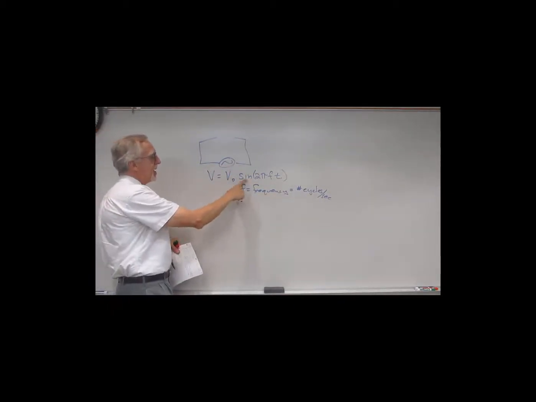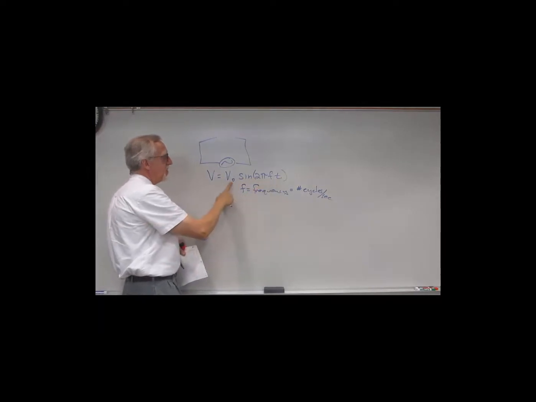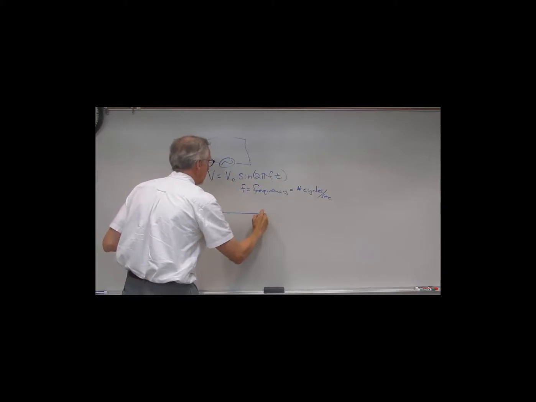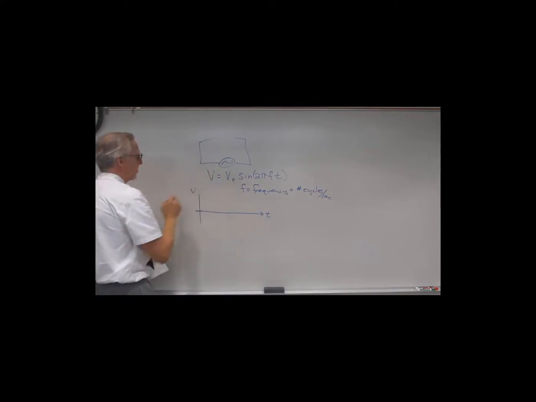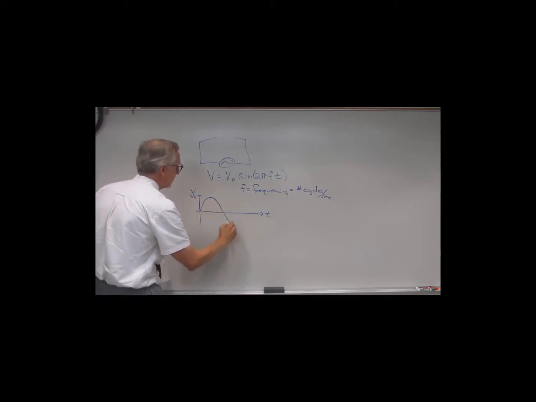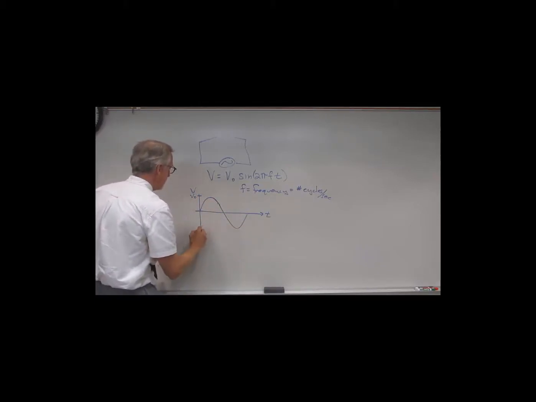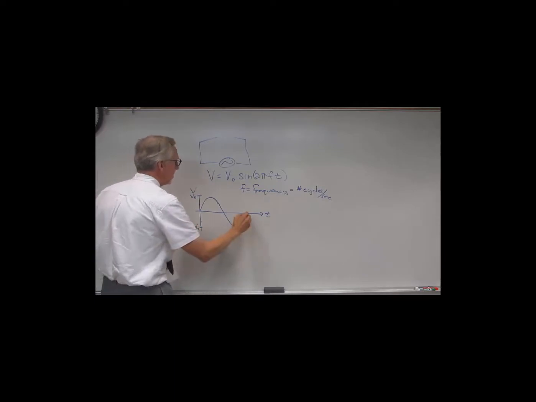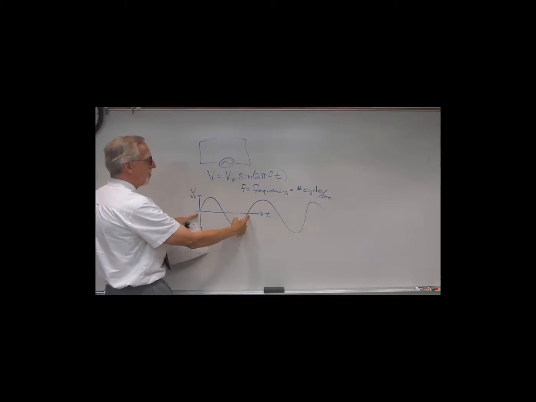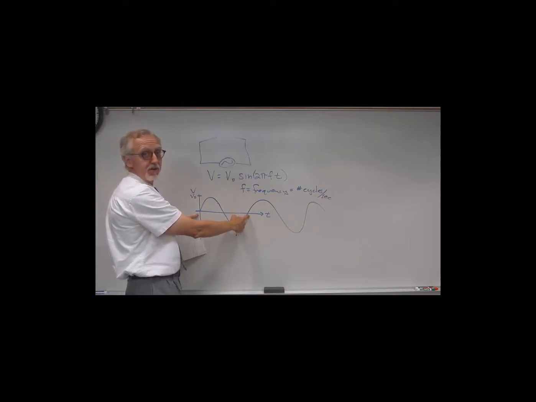The voltage is then oscillating with time, and the amplitude is V naught. So what this means is that our voltage, if we were to graph this as a function of time, it's going up to a maximum of V naught and then down to a minimum of negative V naught, and it's oscillating up and down with f cycles every second.